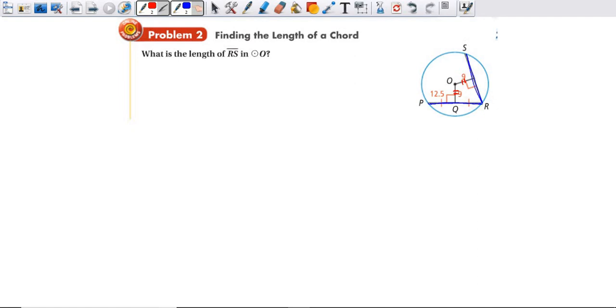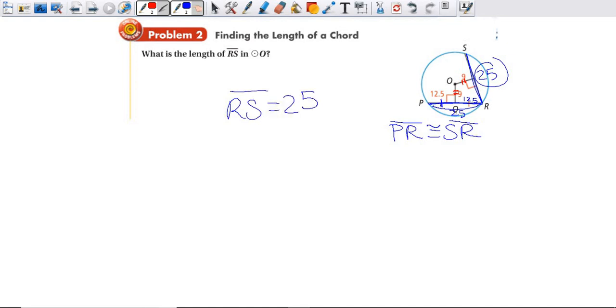So if I find out what PR is, that's going to be the same as SR. So PR, this part's 12.5, so this has to be 12.5, which makes the whole thing 25, which makes SR also 25, or RS, as they called it. Okay?